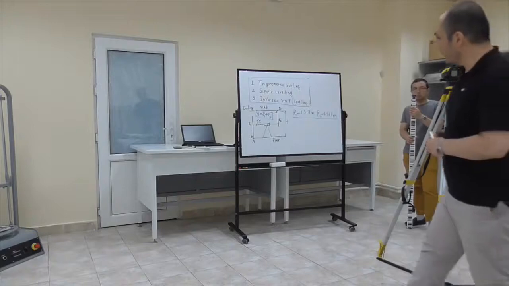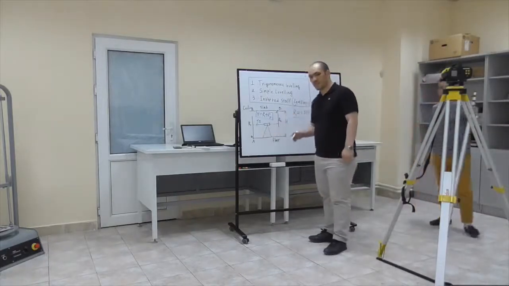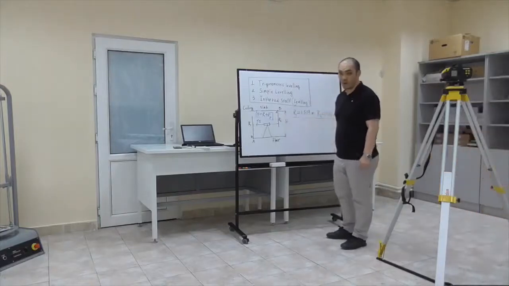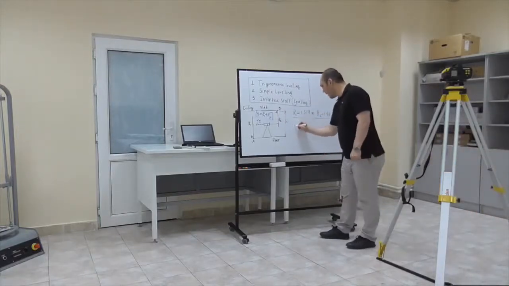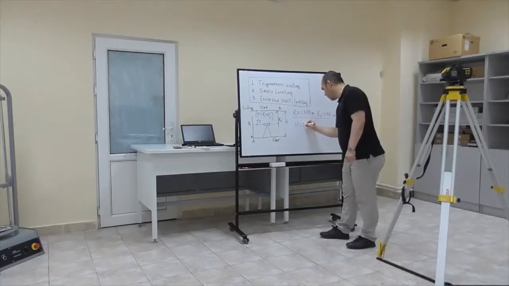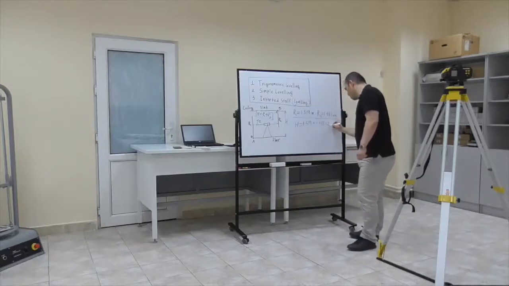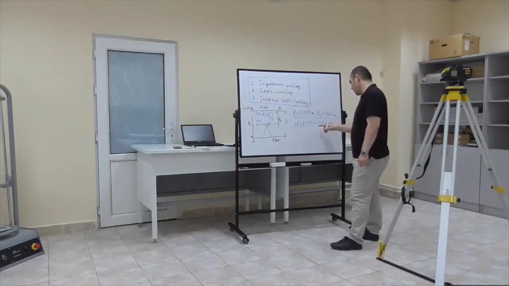Now we can calculate the relative height between points A and B, and this will be the height of our room. H equals 1.519 plus 1.461, and this will be 2.98.